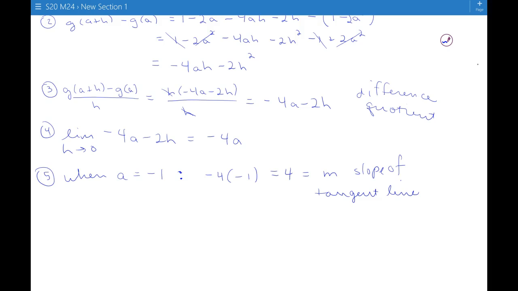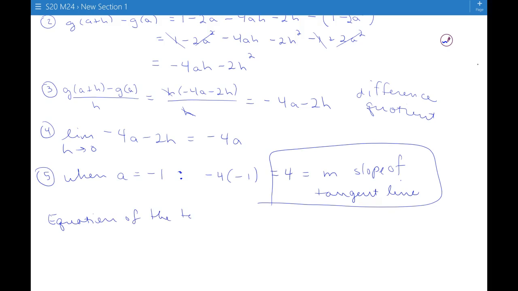So later in the notes, it asks you to find the equation of the tangent line. So this is the slope of the tangent line. So now let's talk about the equation of the tangent line. So that needs to be an equation of a line. So you need a y-coordinate of the point when x is -1.